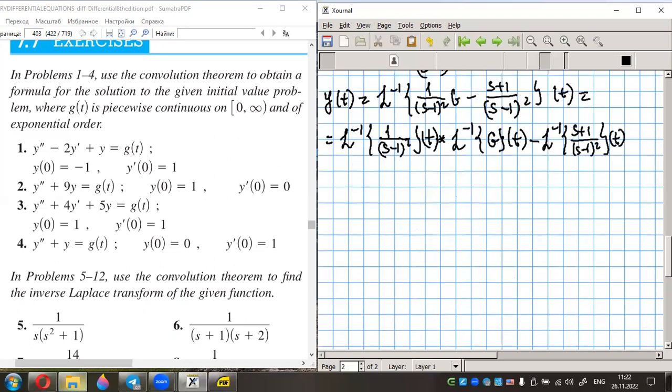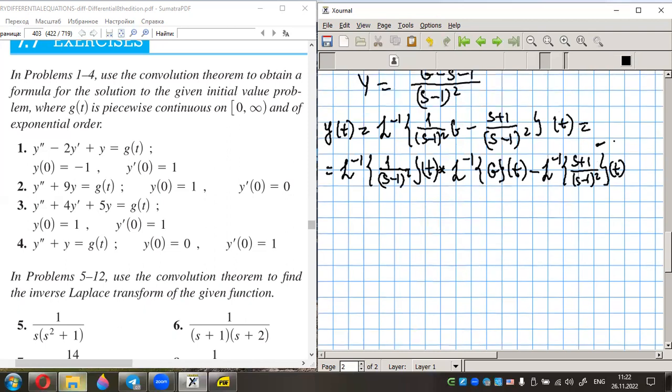I can write this one as equal to 1 over s minus 1 plus 2 over s minus 1 squared.